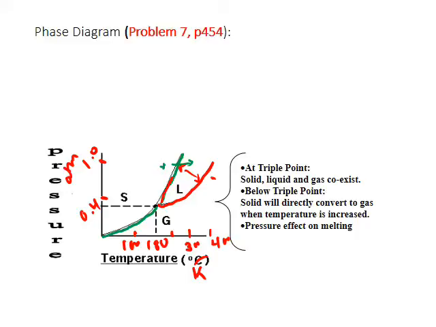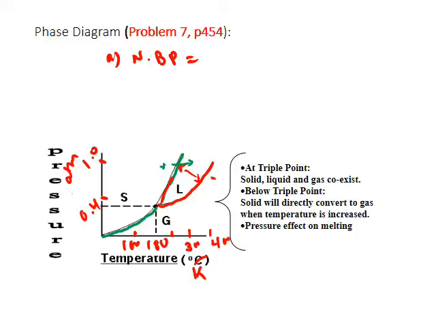Question A, normal boiling point. Normal boiling point means the boiling temperature under 1 atmospheric pressure. So you draw a line horizontal to 1 atmospheric pressure.